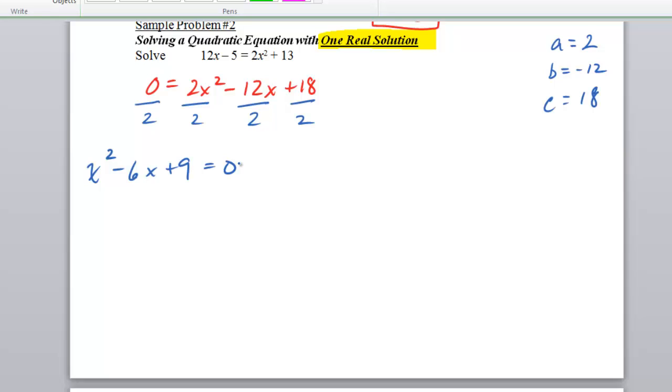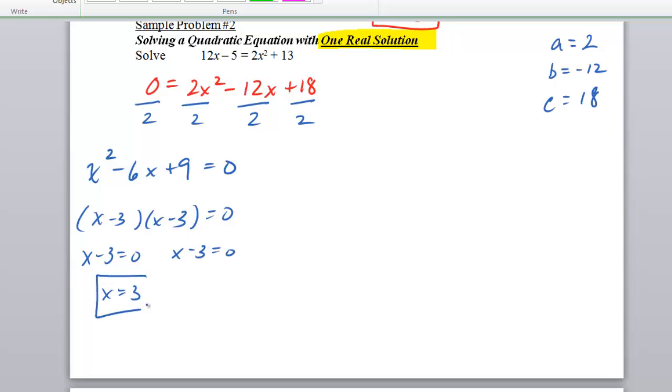Hopefully this will give you a clear view that this can actually be factored. This is x minus 3, x minus 3 equals 0, or x minus 3 equals 0, so x is equal to 3. You notice we have one real solution. This was a perfect square trinomial. We only had one real solution.